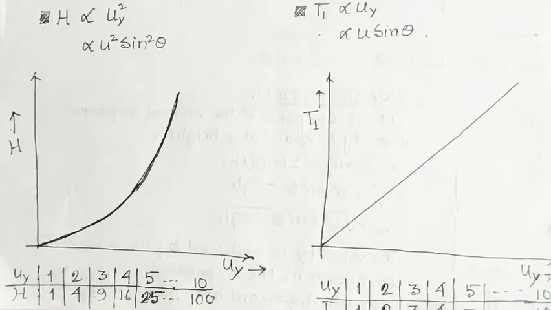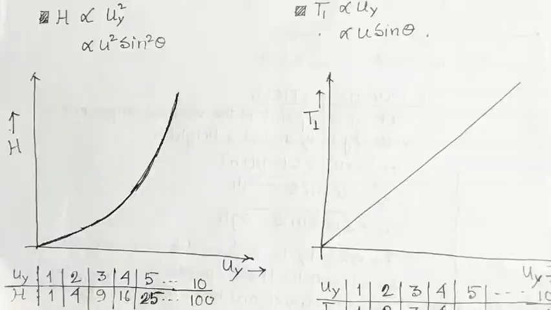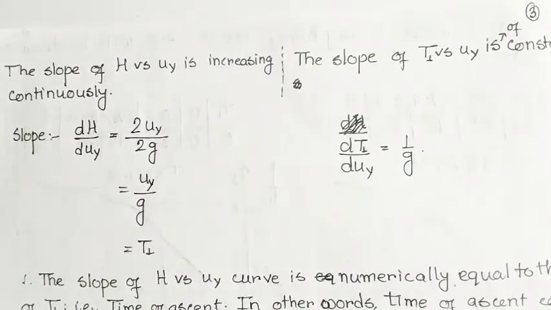If I want to understand how the time of ascent and the maximum height change with the vertical component of the initial velocity, then we have to just differentiate it. Just see this, dh/duy.